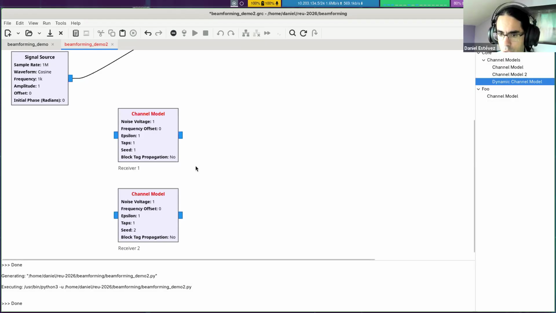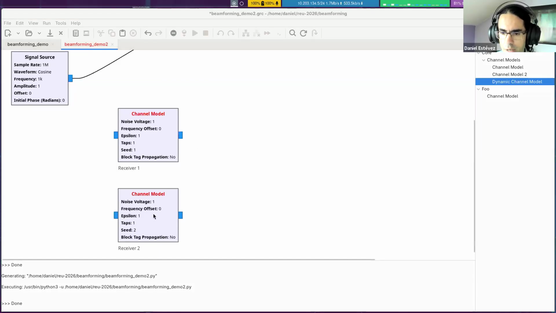The main contributor to noise is the electronics of the receiver. And if I have two separate receivers, the electronics are separate and there is nothing in common between them. So we get statistically independent and uncorrelated noise. So that's the reason I have two seeds.